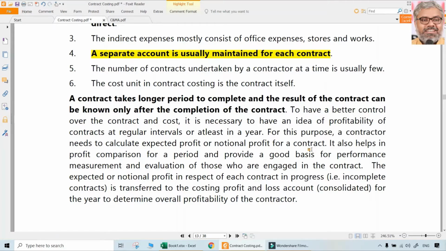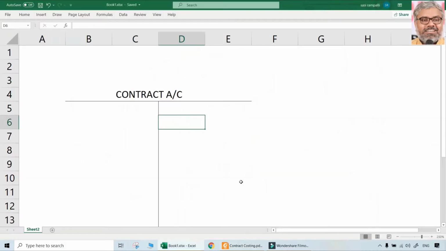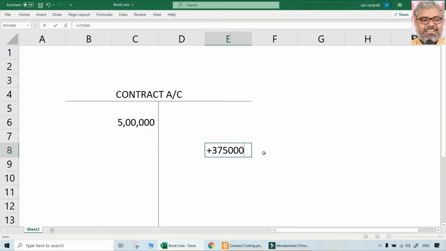So naturally the difference becomes effectively depreciation whether we call it that or not. Let us say if there is 5 lakhs worth of plant issued to a particular contract, that will be debited. Imagine at the end of the year its value is 3,75,000, that will be credited.